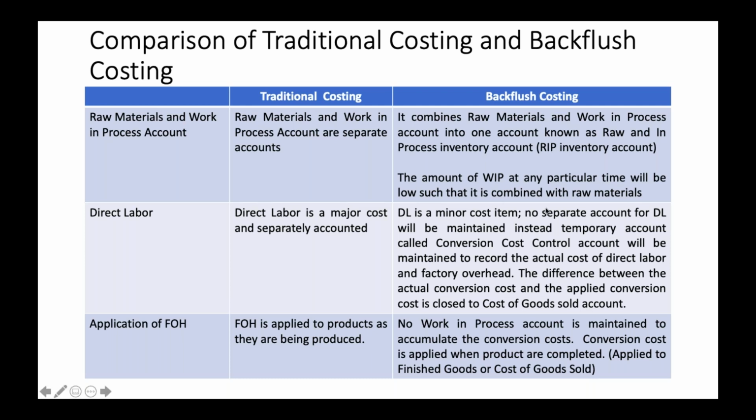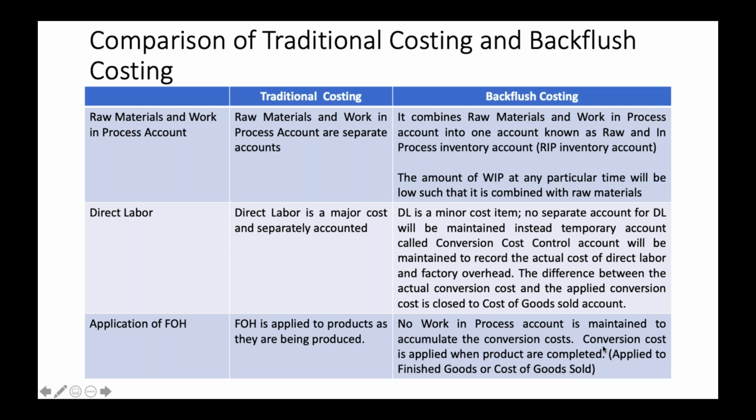So there will be a conversion cost applied that will be incurred only upon the recognition of these two elements, the labor and overhead, in the completion of the product. For factory overhead, we use factory overhead applied to product as they are being produced. Again, we will not be using a factory overhead account or applied separately in backflush costing because there will be no more work in process account.